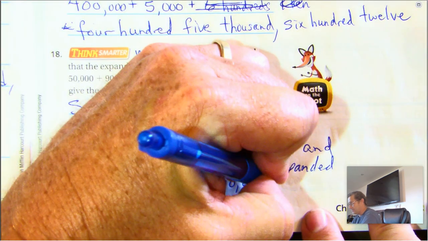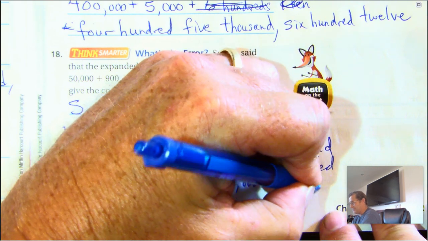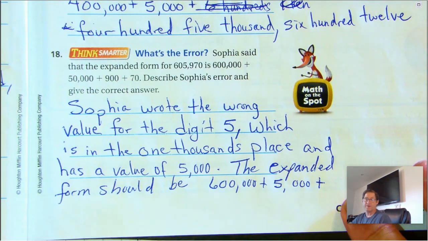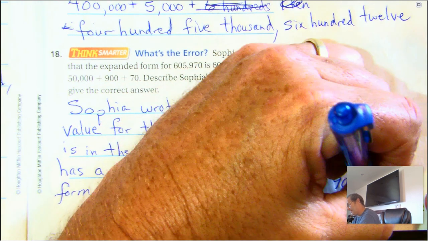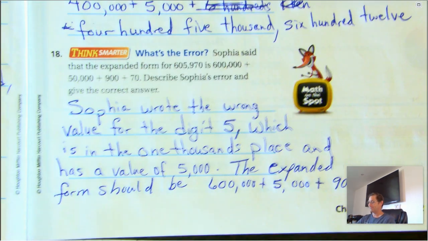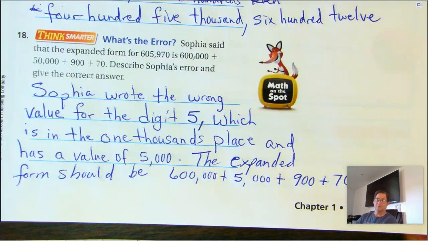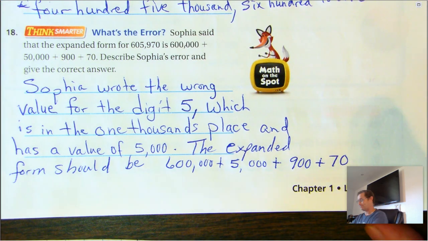So just write 5,000. And then what is written in the ones period? 970. So that's what she should have written.